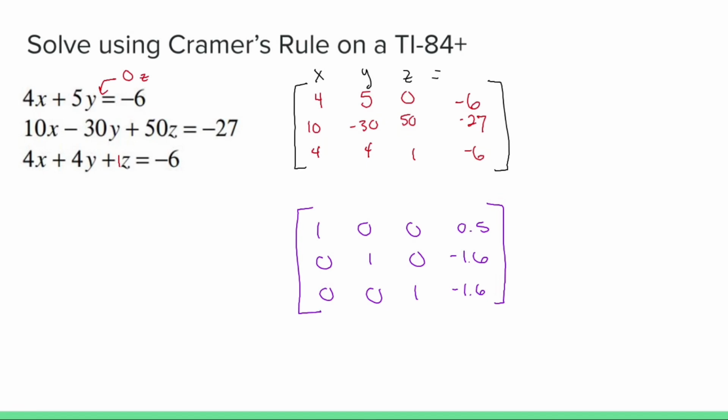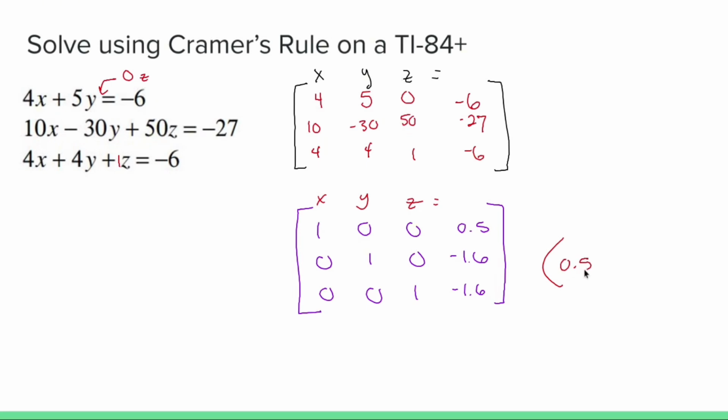Now, let's remind ourselves that this column is x's, this column is y's, and this column is z's, and this equals something. So common sense would tell us, well, wait a minute. 1x plus nothing equals 0.5. So x equals 0.5. We have our answer already. If I have 3 variables, I'm going to have a point involving 3 variables.